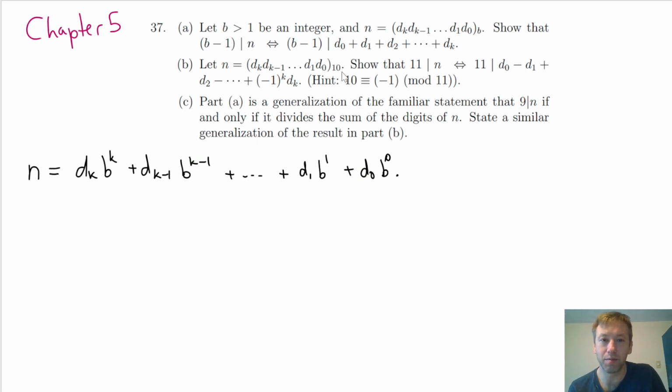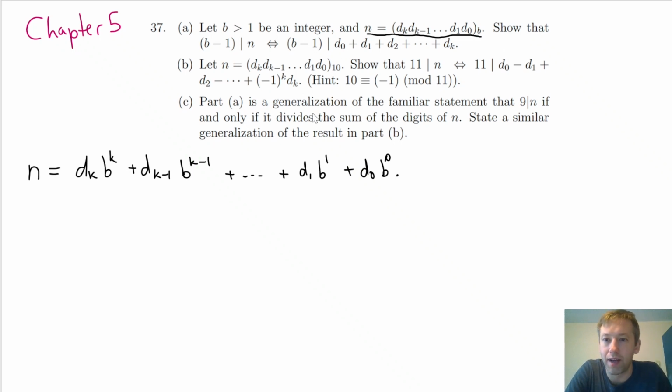How did I get this? Well, this is just what this means. Literally writing n equals this thing just means that n is equal to this. Okay, it doesn't mean anything else. So if it's not clear to you where I got this equation, you might want to go back and review the base b representation stuff.